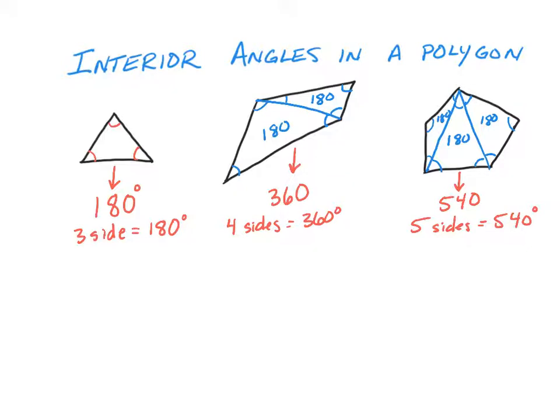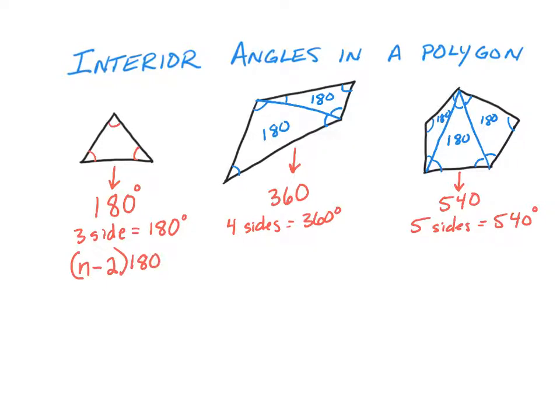So the quickest, easiest way for me to show this is just to go right to the formula. Our formula to find the sum of the interior angles, what they all add to, is taking the number of sides minus 2 times 180.